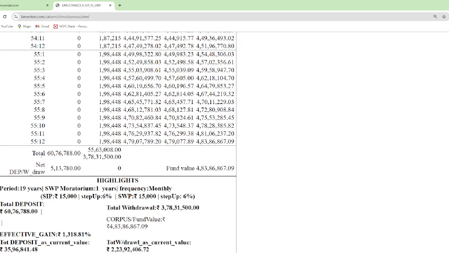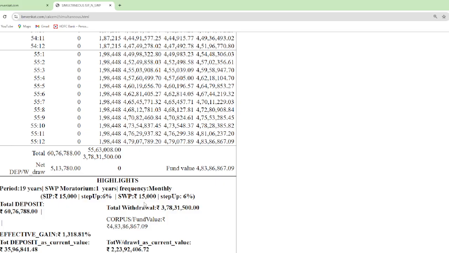Total investment is 60 lakhs. Out of this total, during the investment period itself, withdrawal is 55 lakhs, and the effective net deposit is 5,13,000 rupees. On this, the final fund value will be 4 crore 83 lakhs 86,867 rupees. This is the final fund value.